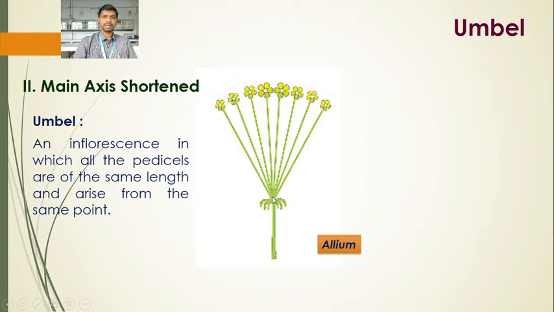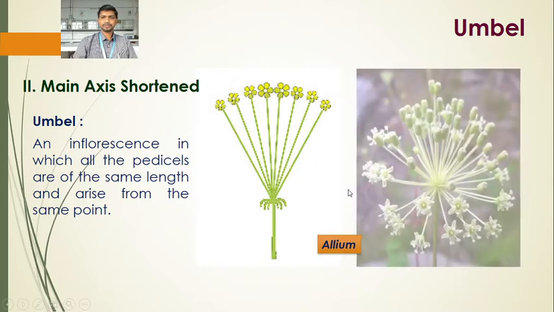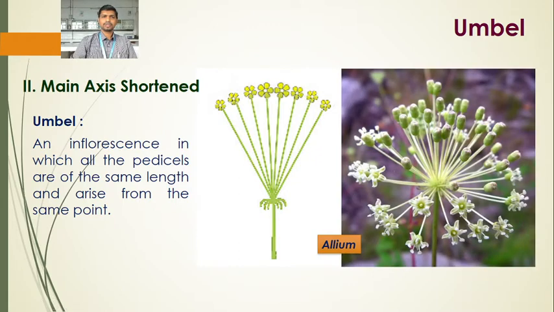The flowers are obviously pedicellate. For example, Allium, or in short we say these are the Allium species. For example, onion. So this is the characteristic of umbel inflorescence.